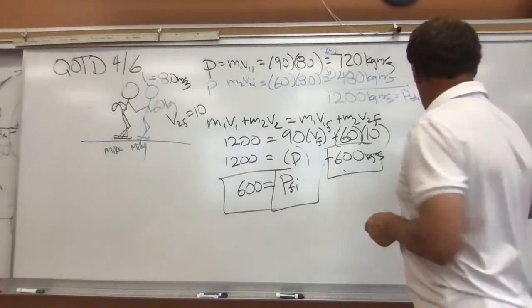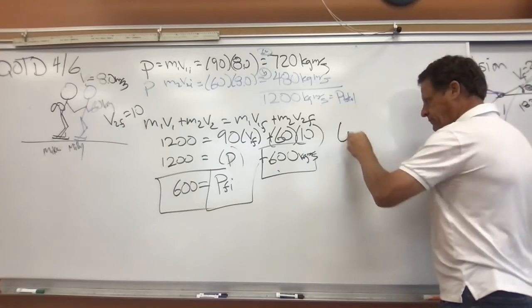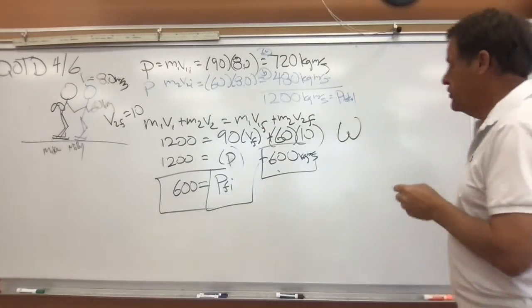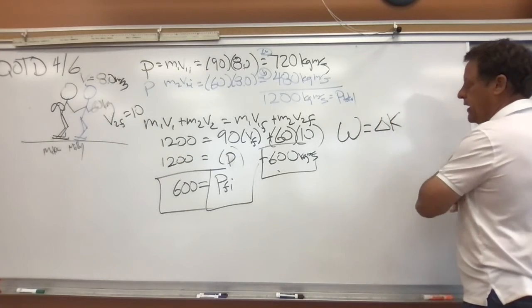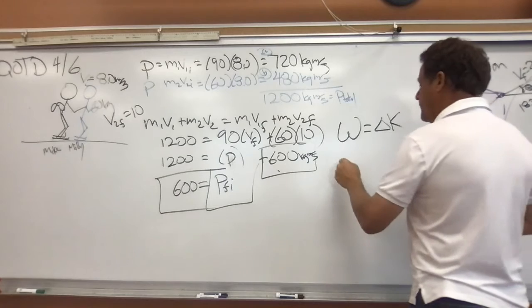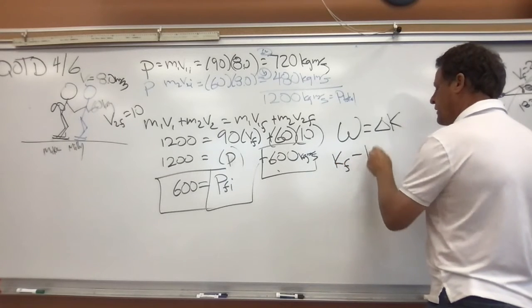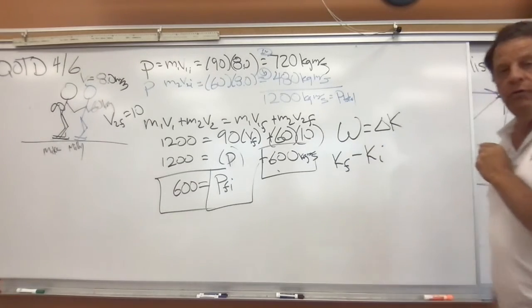As we have known before, work is energy, and energy or work is equal to the change in kinetic energy. So we can say that kinetic energy final minus kinetic energy initial is going to give us the amount of work.